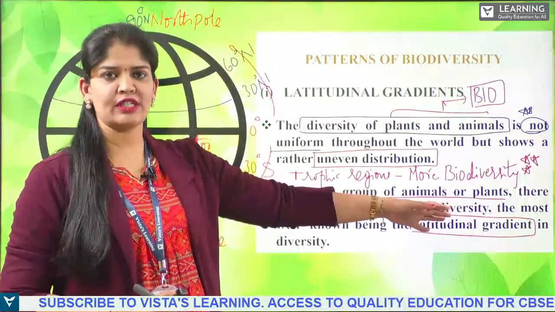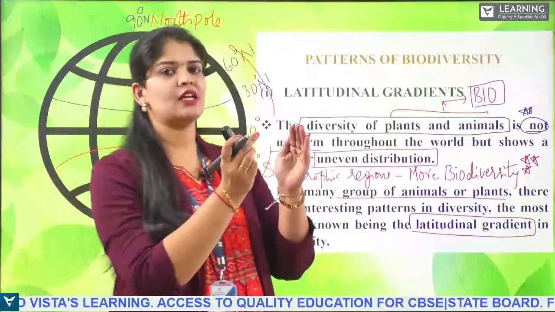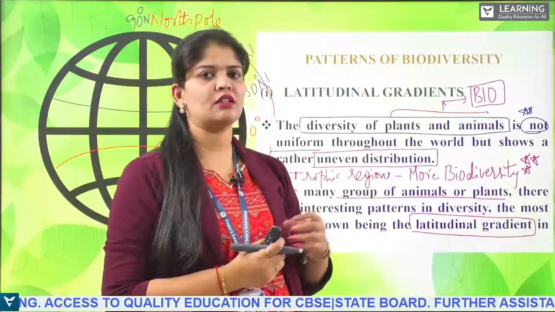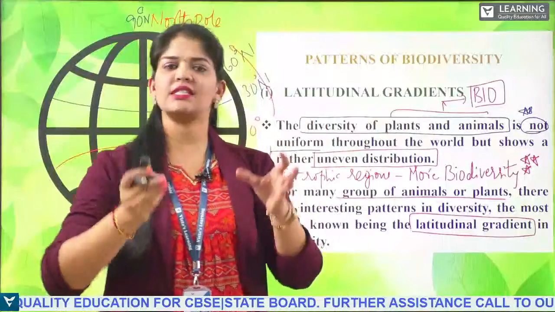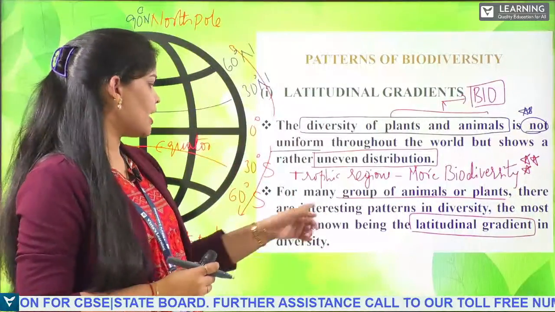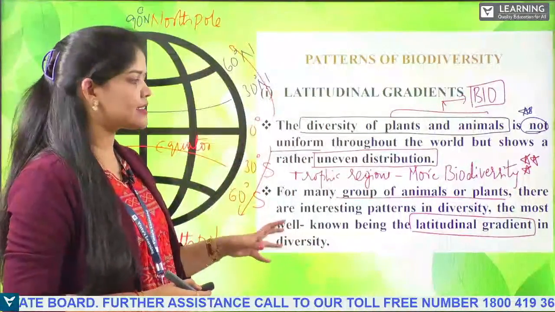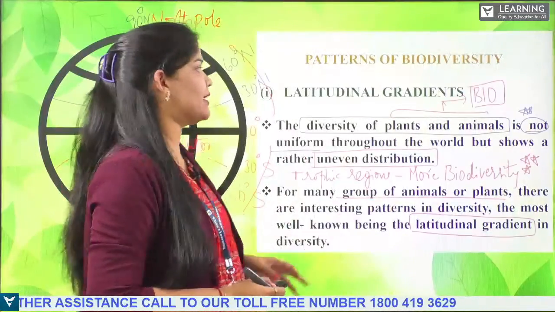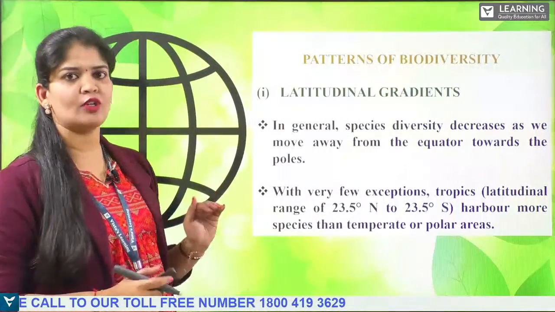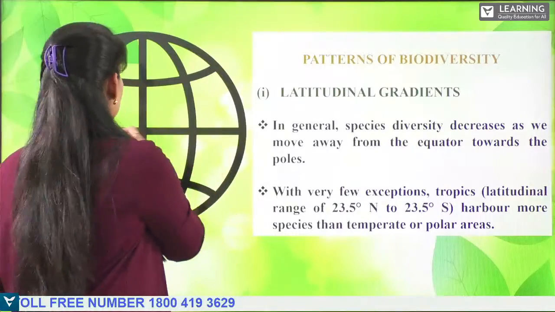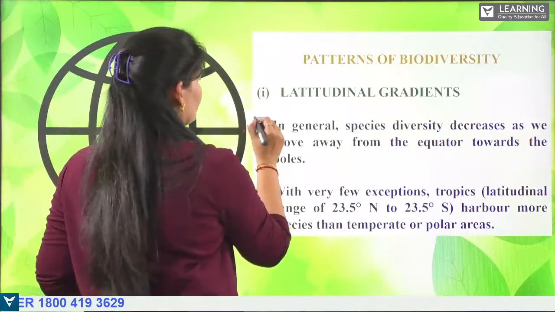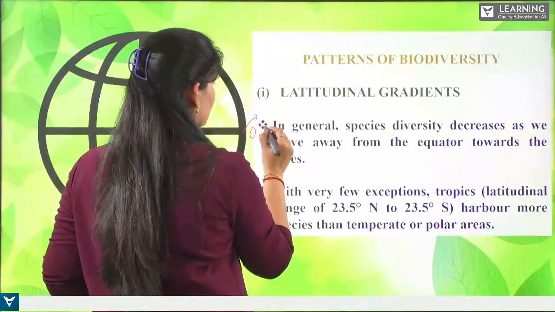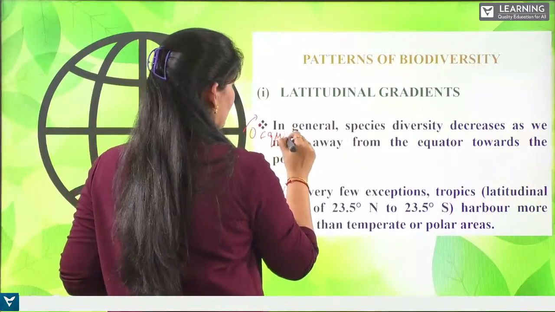Gradient is nothing but differentiation. That means more biodiversity can be seen in one area when compared to the diversity present in other regions. Let's understand what this latitudinal gradient is. As we already said, near the equator, we take this as the equator, right?